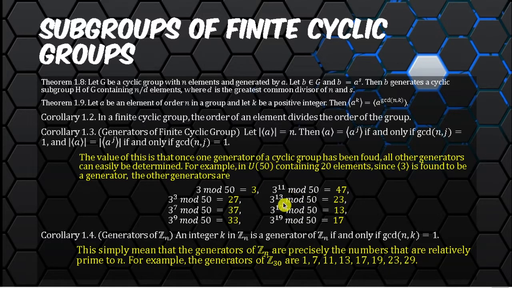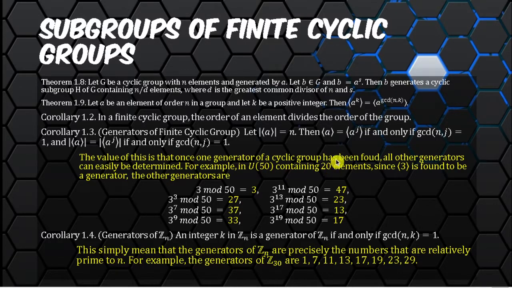Now, how did we arrive at this? Yung sinasabi ng corollary natin, kasi ang hinahanap natin dito ay actually ay j. Ito yung magsisilbing exponent natin. j and n, which is again, the number or the order of the group, yung mismong group, which is given in the problem. U of 50 contains 20 elements.